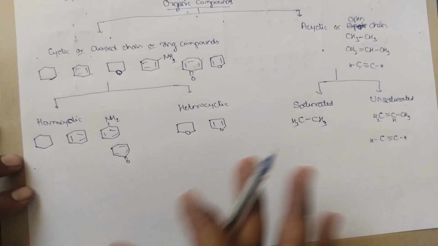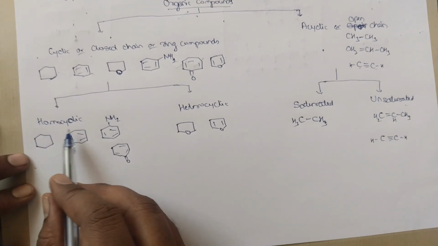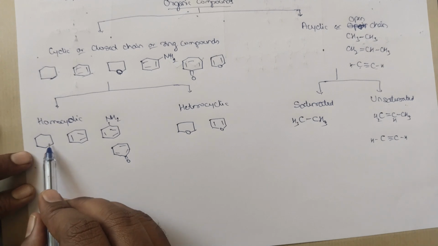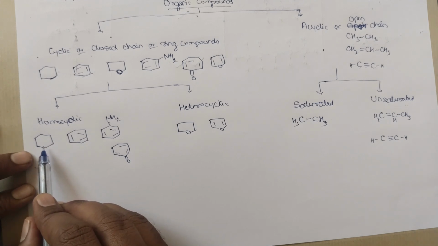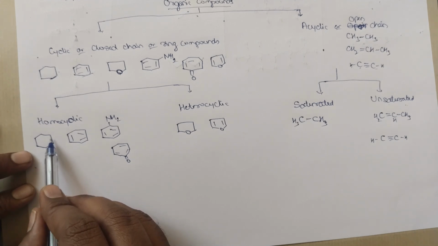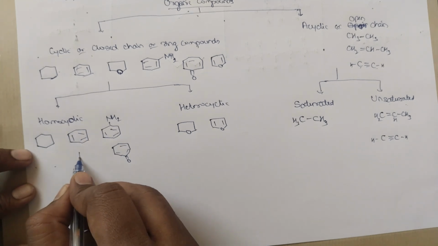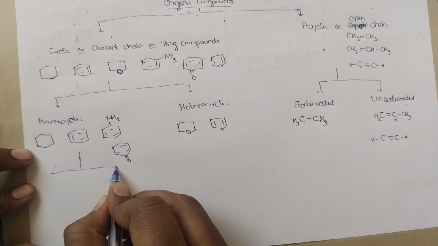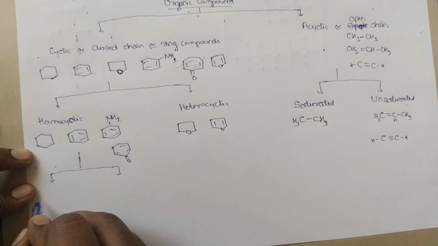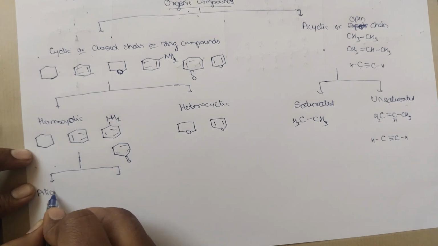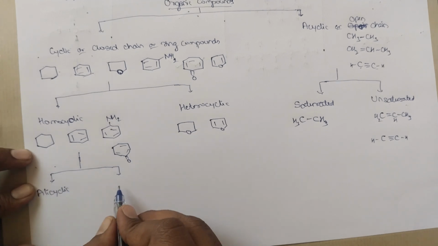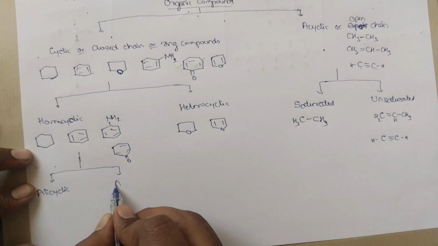Then how can we differentiate homocyclic compounds? Here you can see that there is no double bond, and here you can find the double bond. You can differentiate homocyclic compounds as alicyclic and aromatic.